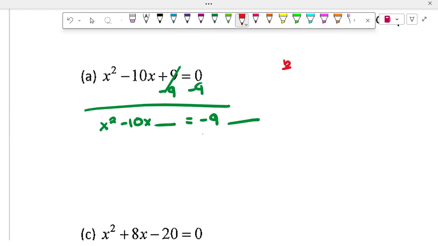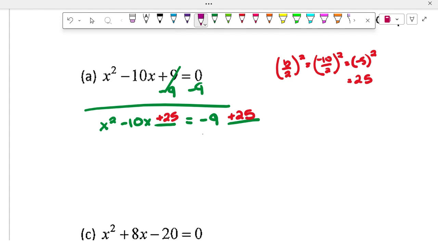Then I find my b over 2 squared. What's my b value? Not just 10. Negative 10 divided by 2. That's negative 5 squared, which is what? So I'm going to add 25 to both sides. If I want to clean it up a little bit, I get x squared minus 10x plus 25 is equal to 16.